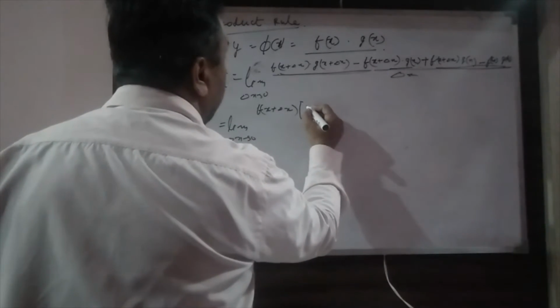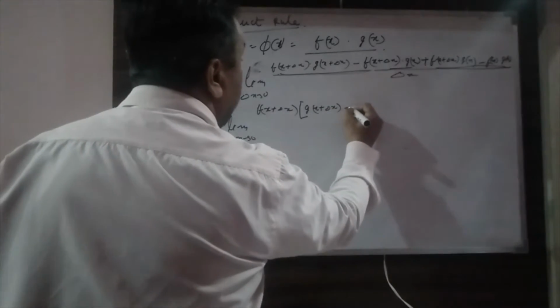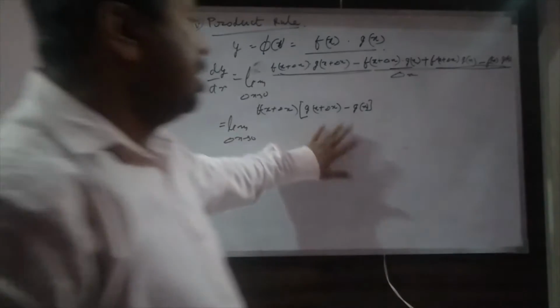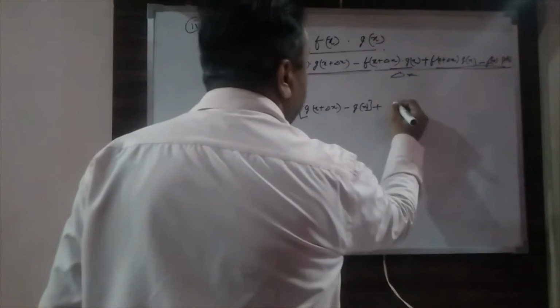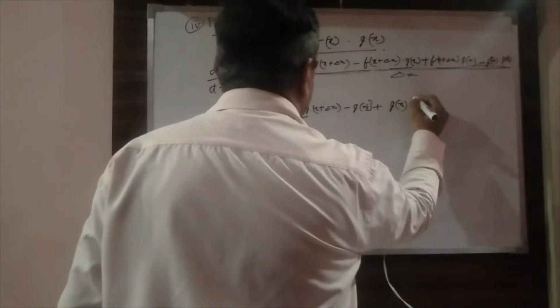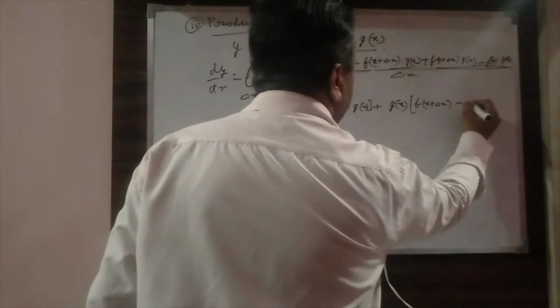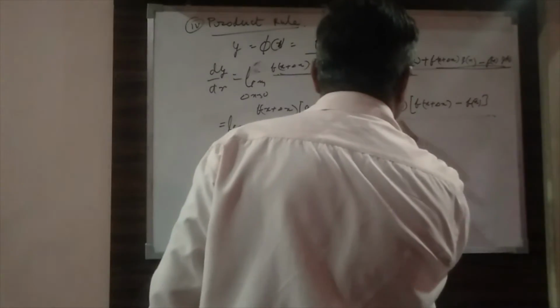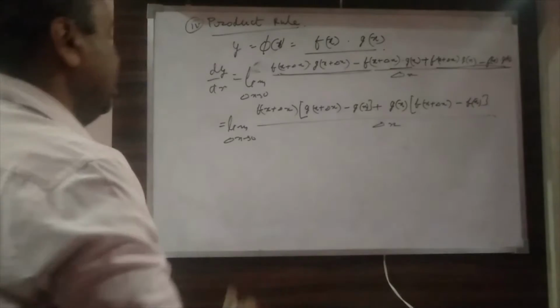The remaining portion will be g(x + Δx) − g(x). Okay. Similarly, from these two, g(x) is the common factor, multiplied by f(x + Δx) − f(x), divided by Δx. Bring these two separately.